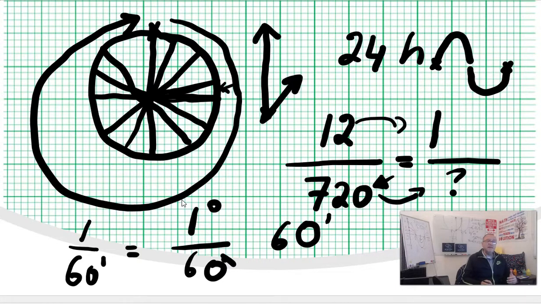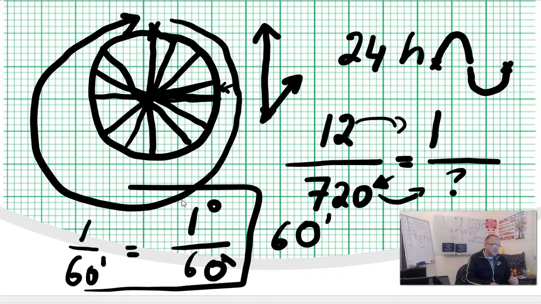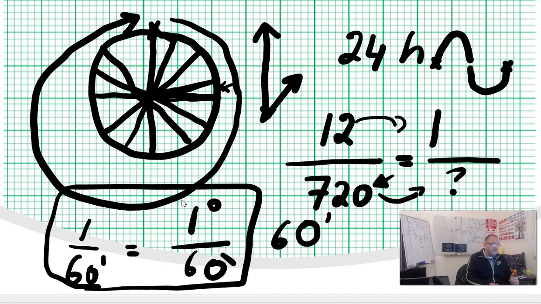And I can compare that to the unit circle or to any regular circle. Instead of one compartment in a clock, I can say 1 degree in a regular circle is 60 minutes.